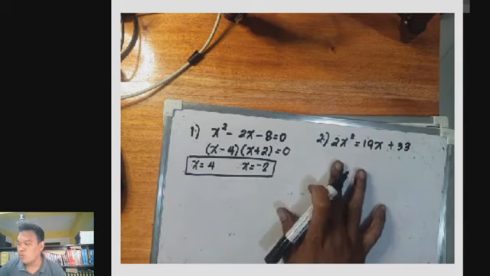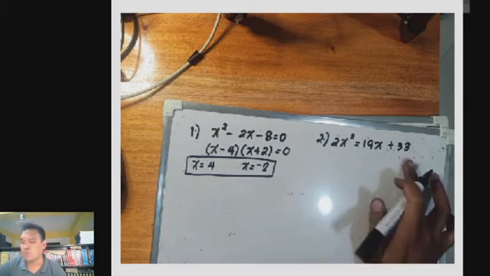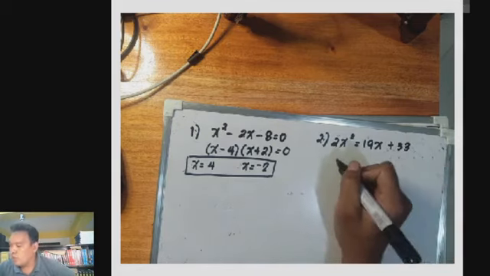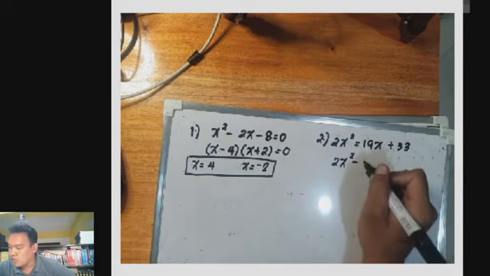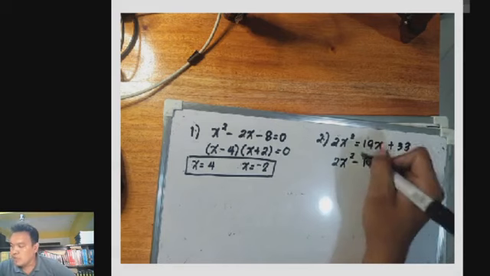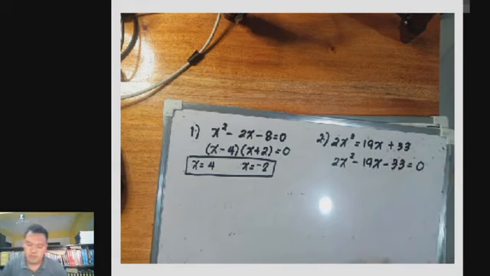Okay, for number 2, we have 2x squared is equivalent to 19x plus 33. First arrange mo muna into standard form, no? So we have 2x squared minus, pag nilipat to sa kabila, minus 19x, then lipat to sa kabila, minus 33 is equivalent to 0.